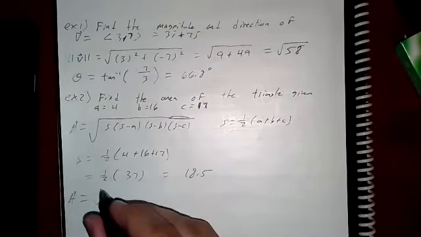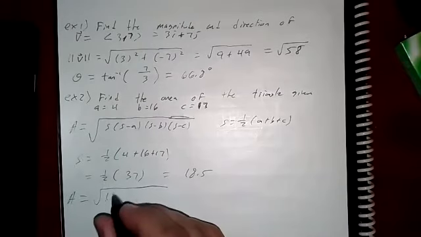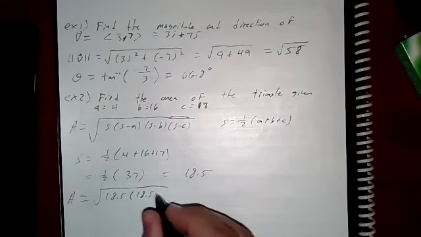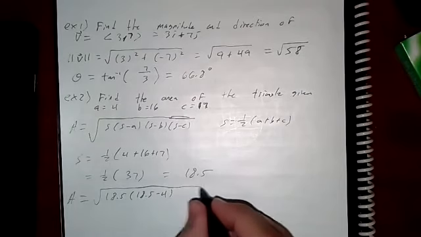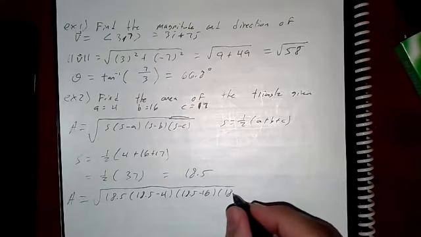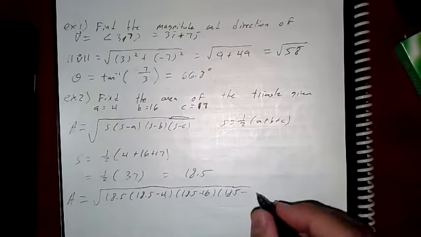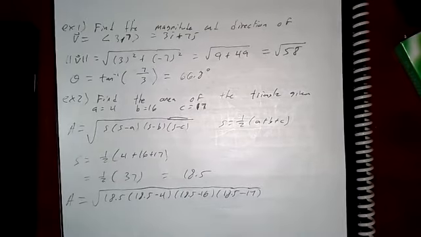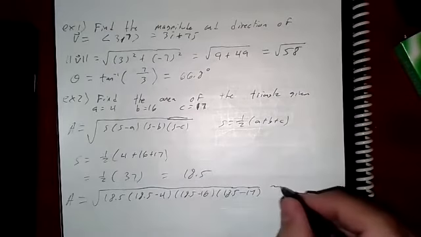So square root of 18.5 times (18.5 minus 4), (18.5 minus 16), (18.5 minus 17). Those are the three pieces.